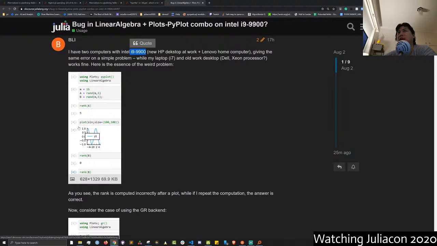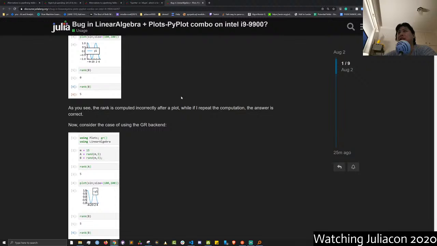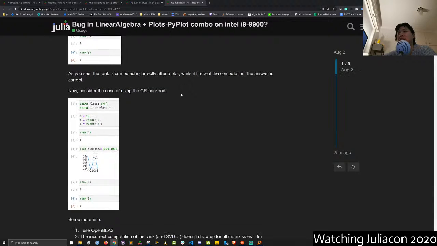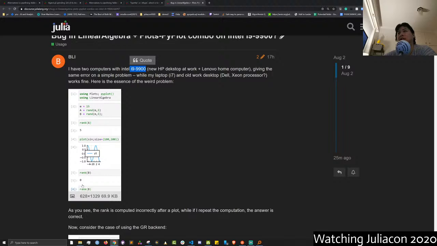Rank of A is 5. Rank of B is 0. Rank of B is 5. Oh, wow, that's a weird bug. That's the weirdest stuff I've seen. This is just weird.